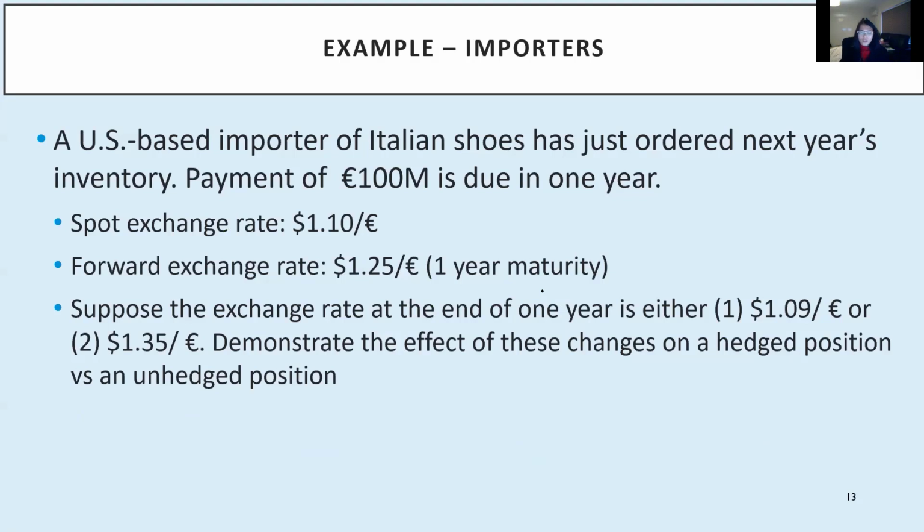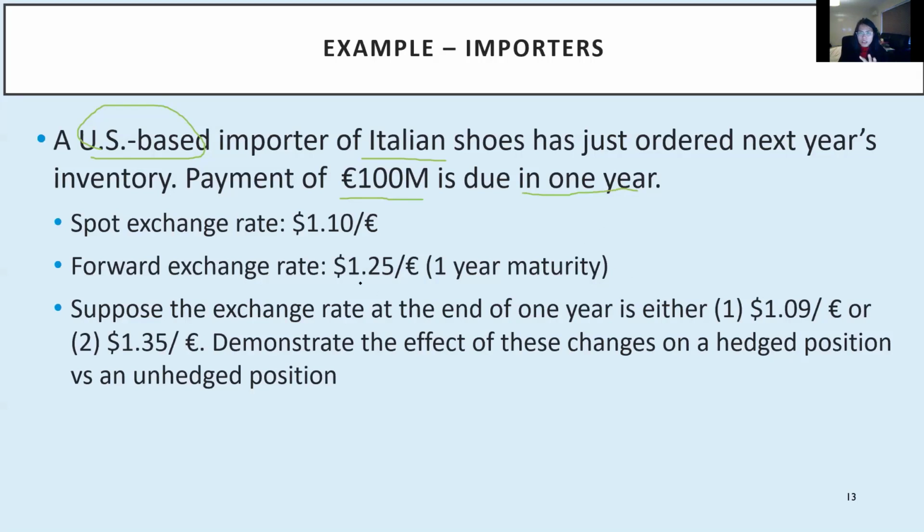Okay, so we have just gone through an example where we have an exporter. In the previous case, we were dealing with account receivable. In the second case, we've got an example for importers. So in this case, we are expecting to pay our trade partner in the future. I've got a US company that has business in Italy, and they have to pay their suppliers 10 million euros in 1 year's time.